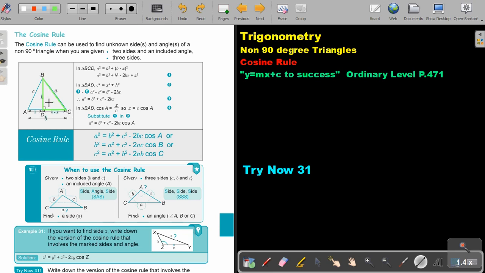So a squared is equal to h squared plus (b minus x) squared. And I simplify this. In triangle BAD, c squared is equal to h squared plus x squared.